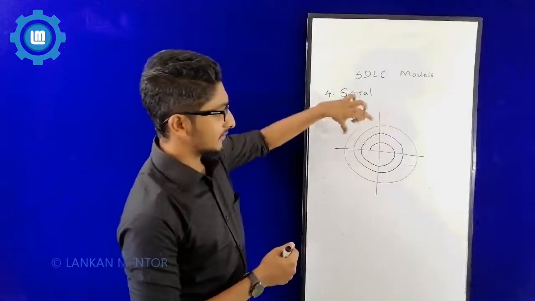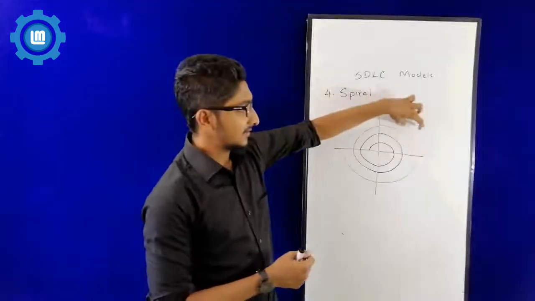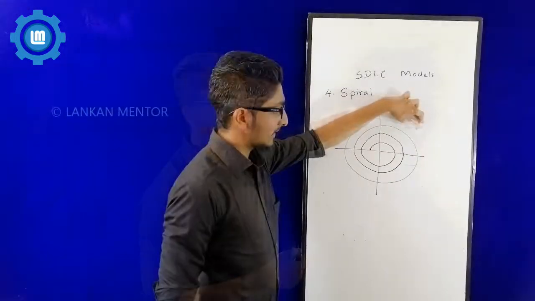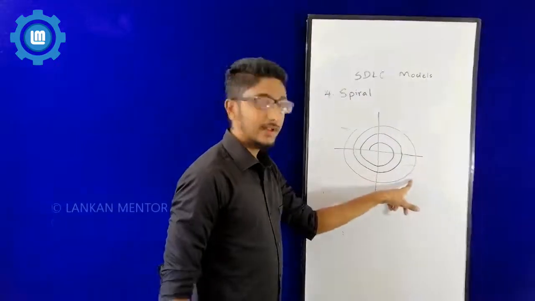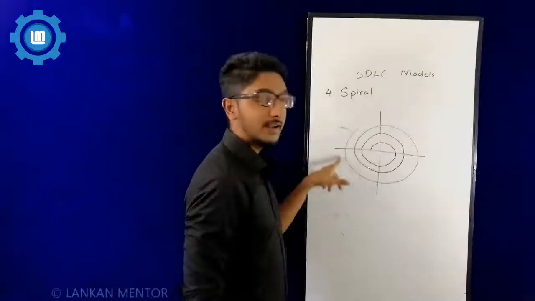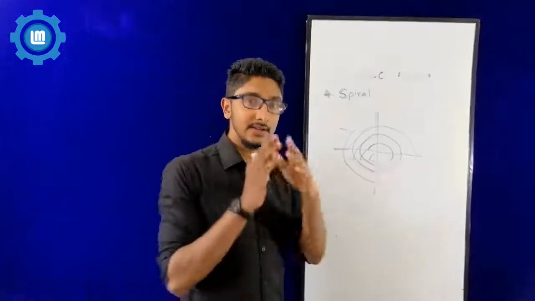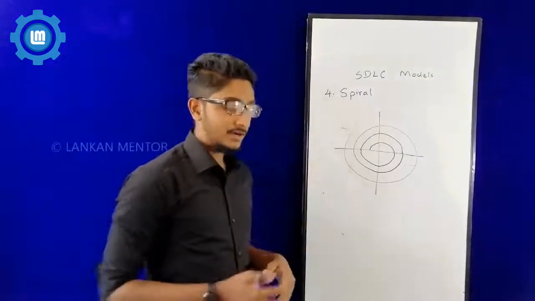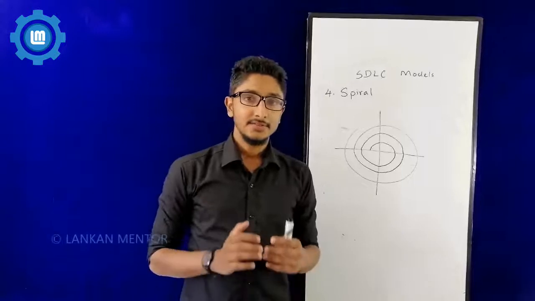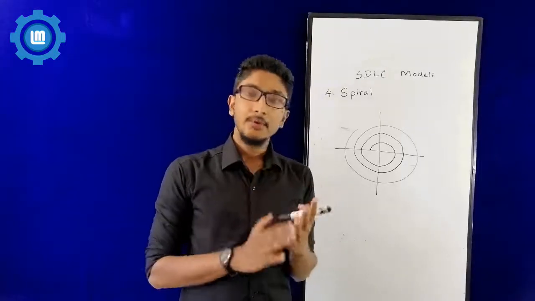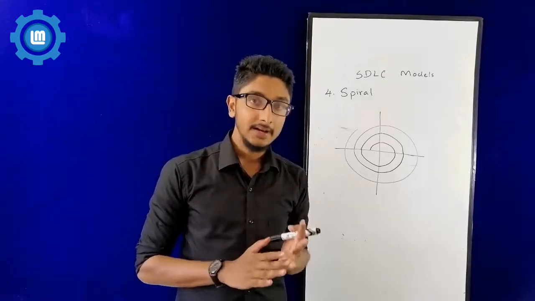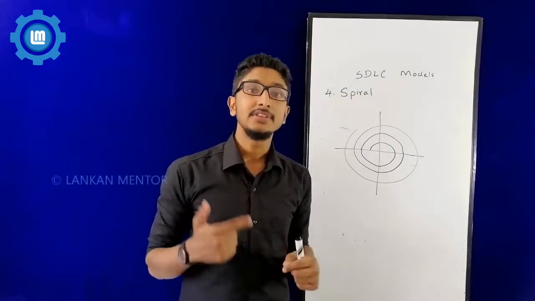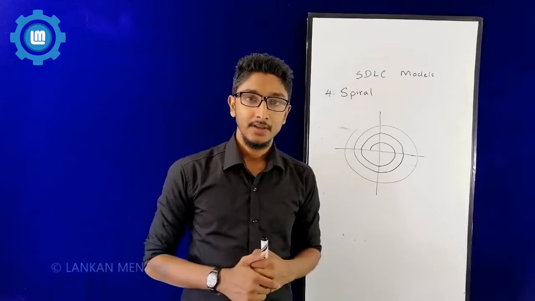You gather requirements, you do the risk analysis, and then you do a prototype, and then you come to coding and testing, and then finally you evaluate that particular component. Just like that, it keeps on increasing.